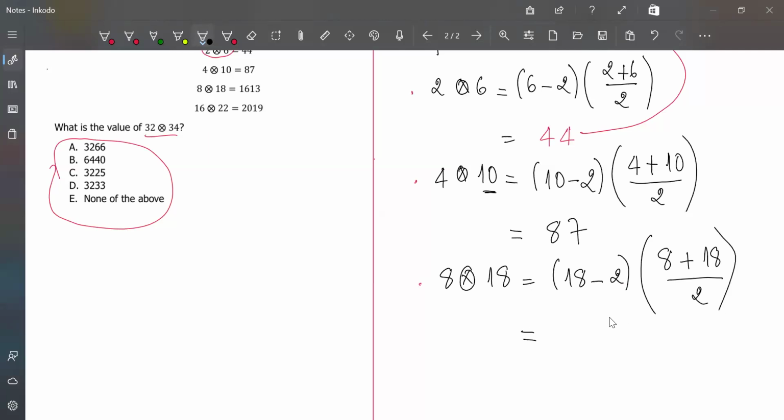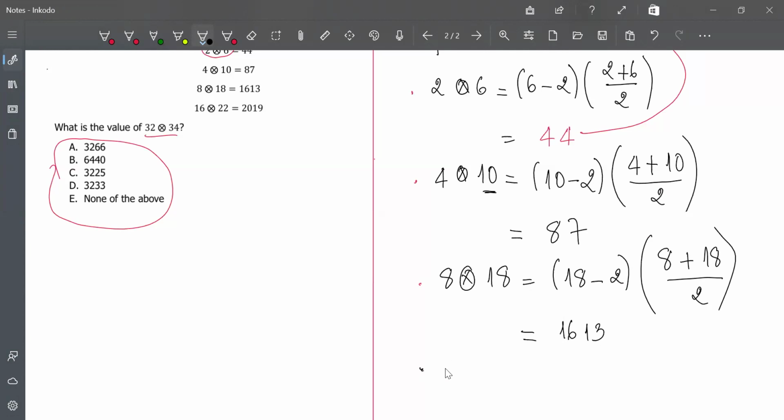So 18 minus 2 is 16 and 8 plus 18 over 2 is 13. So now we get 1613.